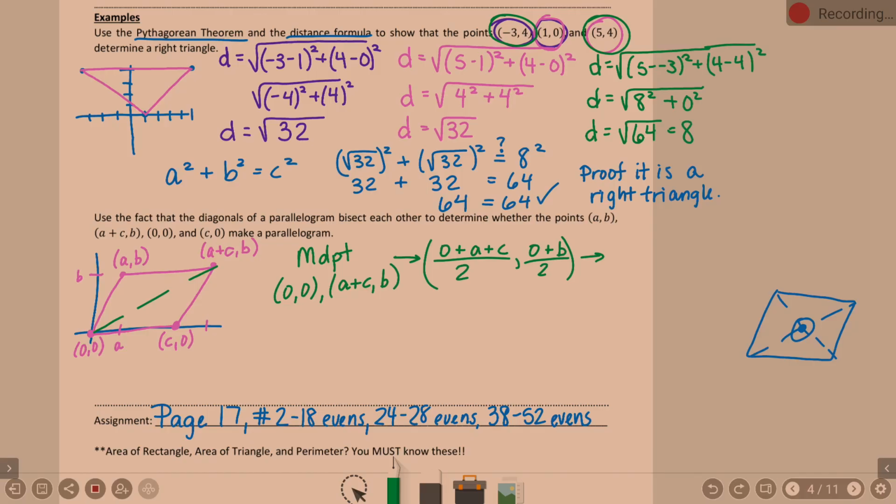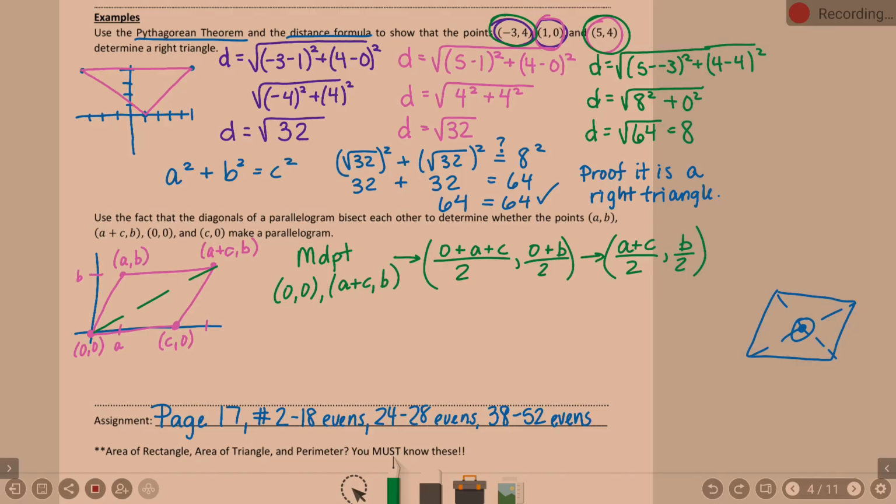Clean that up. 0 plus a plus c is a plus c over 2. We're going to leave it like that. 0 plus b is b over 2. It's not pretty looking, but that's all right. As long as the other one's not pretty looking, we're all good.